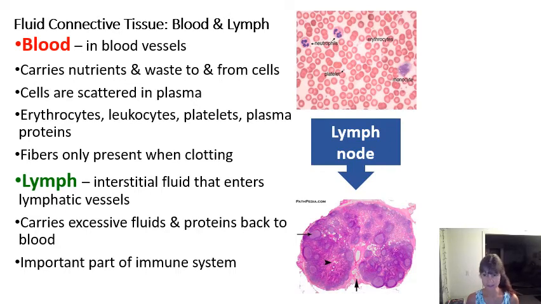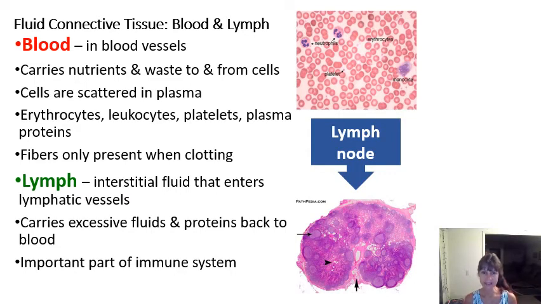Fibers are only present in blood when a tissue injury occurs that starts a cascade of clotting reactions that will cause different cells to produce fibers to stop the bleeding and form a blood clot.